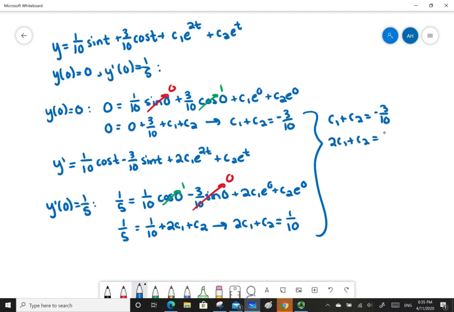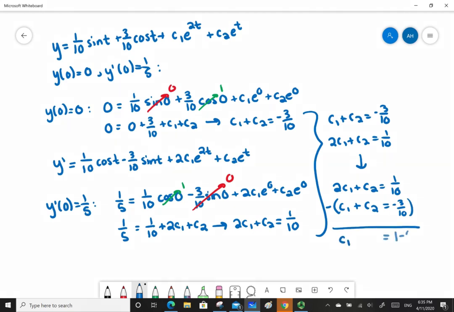I'll solve this system by elimination and start by subtracting the first equation from the second equation. When I do that, I get c1 equals 4/10 or 2/5.